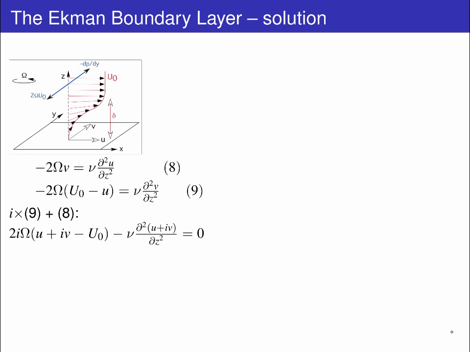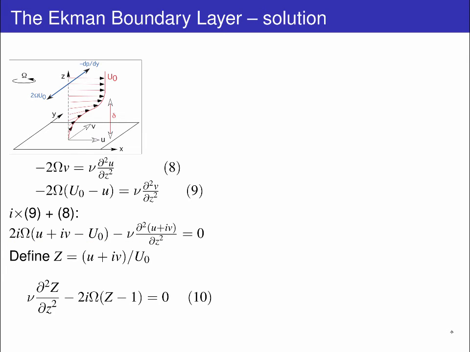This reduces to give 2I omega times (u plus Iv minus big U naught) minus the viscosity times the second vertical gradient of (u plus Iv) is equal to 0.